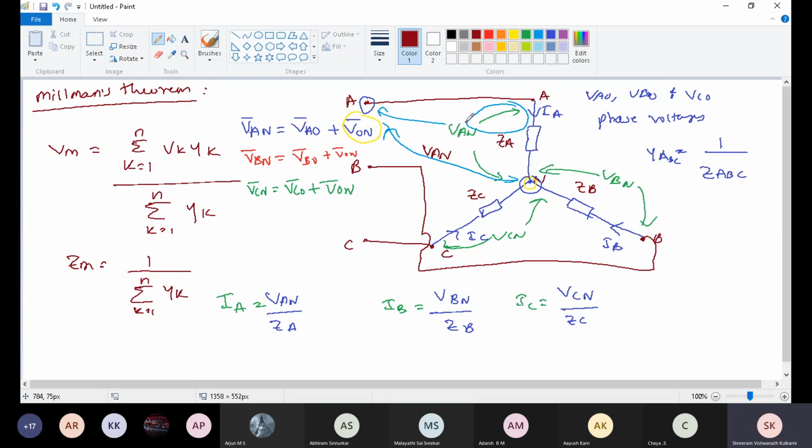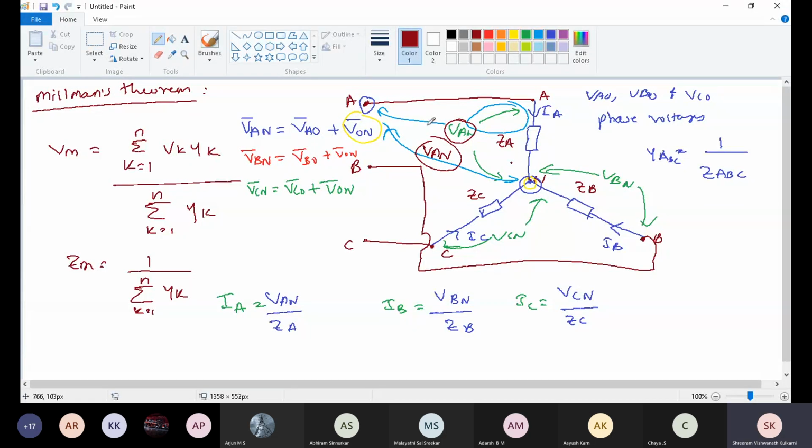Is there any difference between this VAN and this VAN? No, sir. With respect to the supply and the neutral, whatever voltage we write is the phase voltage. I can simply write the voltage across this ZA.